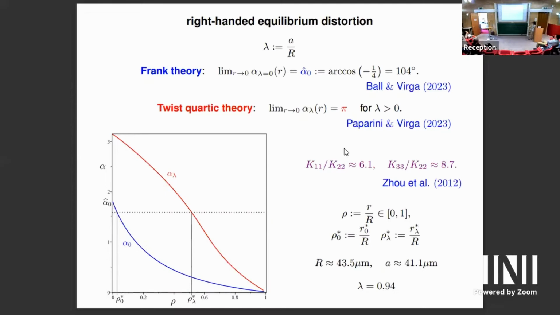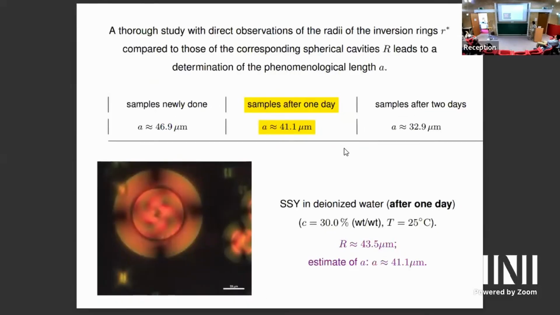Moreover, the dimension of the inversion ring compared to the radius of the cavity is estimated to be much different in the two theories. For definiteness, I present the case of the spherical cavity which has, as I said, a radius of 43.5 micrometers.